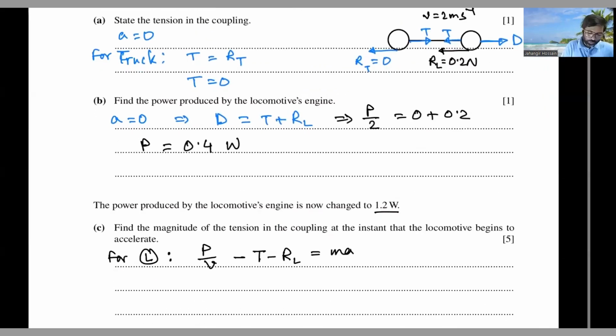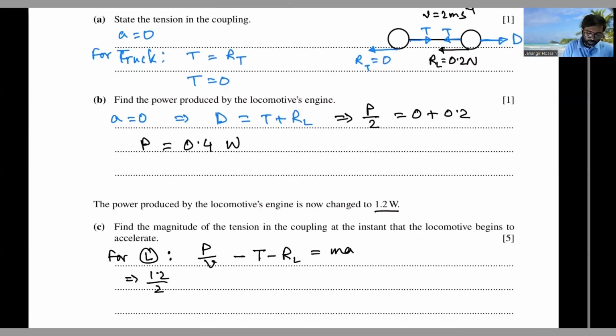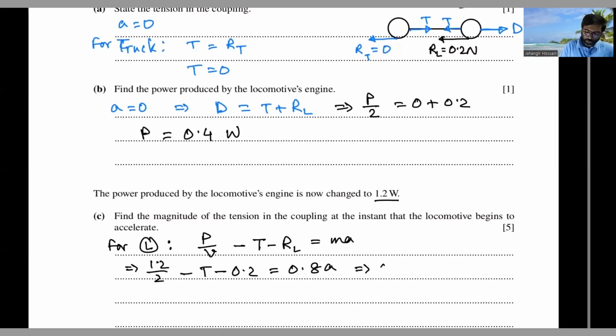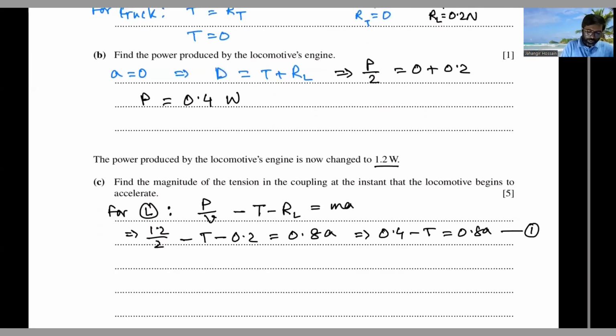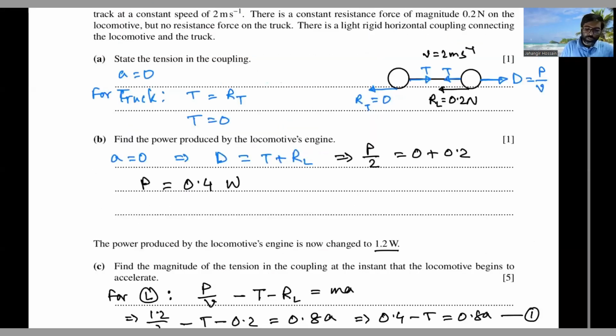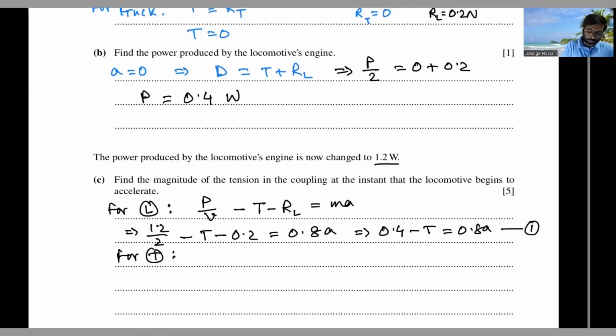So we have 1.2 divided by 2 minus T minus 0.2 equal to 0.8a. Okay. Then we have 0.4 minus T equal to 0.8a. That's equation 1. Now for the truck, looking at the diagram, T minus RT, T minus 0, equals ma.